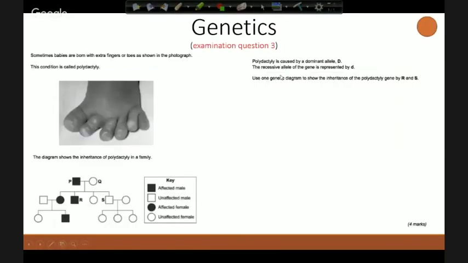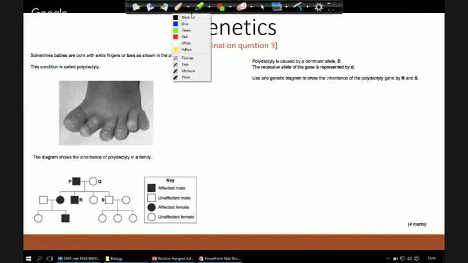Okay, let's take a look at some questions. Some babies are born with extra fingers or toes, as shown in the photograph. And this was, as we previously called it, polydactyly. The diagram shows the inheritance of polydactyly in a family.